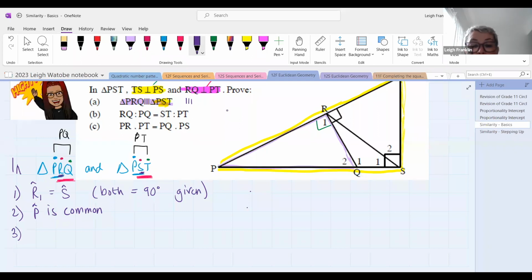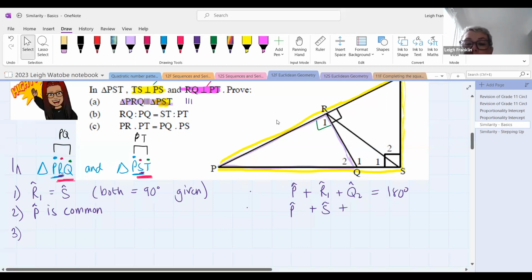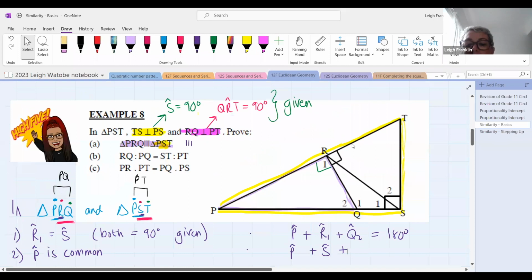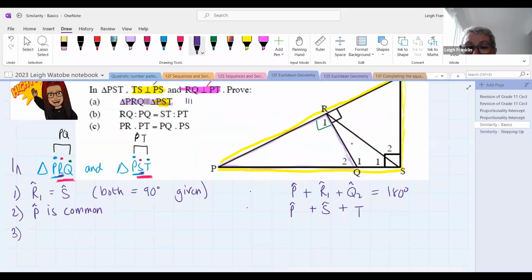So if we have got triangle PRQ, angle P plus angle R1 plus angle Q2 adds up to 180. And in the other triangle, we've got angle P, and we've got angle S, and we've got angle, what was it? It was called T. And that adds up to 180 because of angle sum in a triangle.